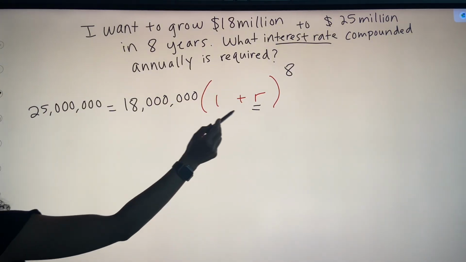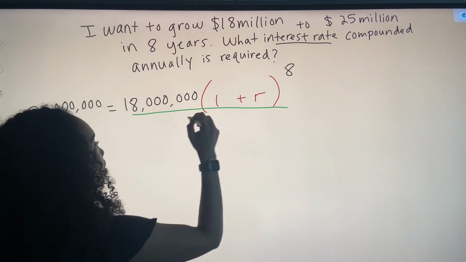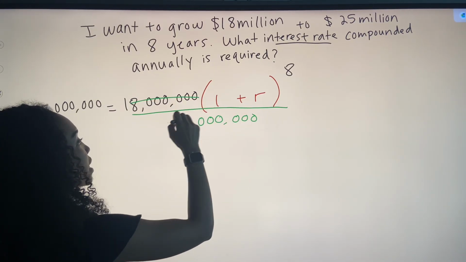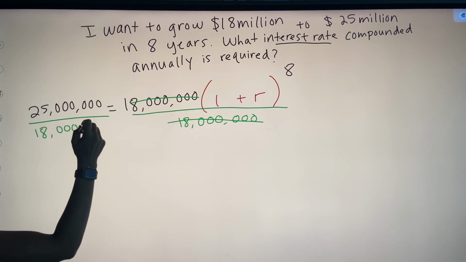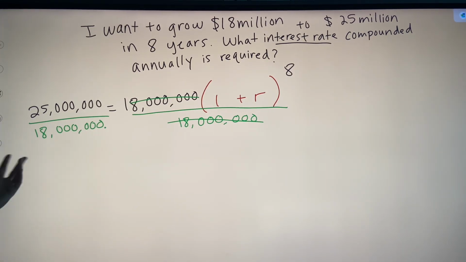All right, so what I'm going to do first is divide both sides by 18 million. So those cancel out. And divide this side by 18 million. In your calculator, if you put a decimal behind one of the numbers, it will give you a decimal as your answer.